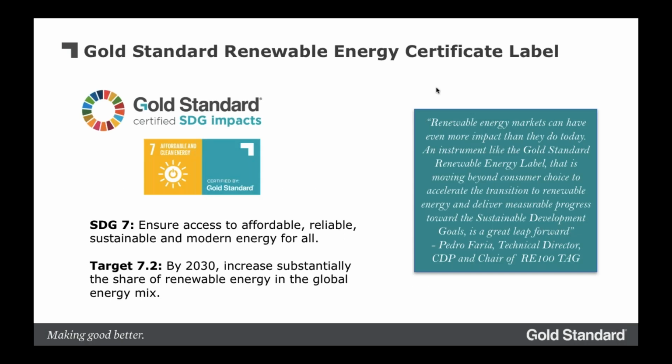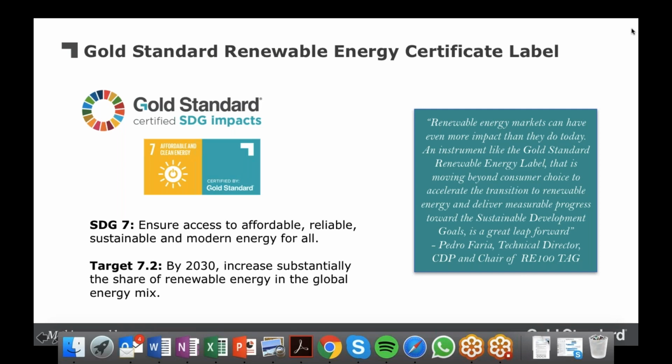So in this sense, we have developed this renewable energy certificate label, and what it does is ensure that a project is contributing to SDG 7, in particular to target 7.2, to increase substantially the share of renewable energies in the global mix. And in addition to that, it enables projects to contribute to 3 SDGs and report on the contributions to these SDGs in a transparent way.